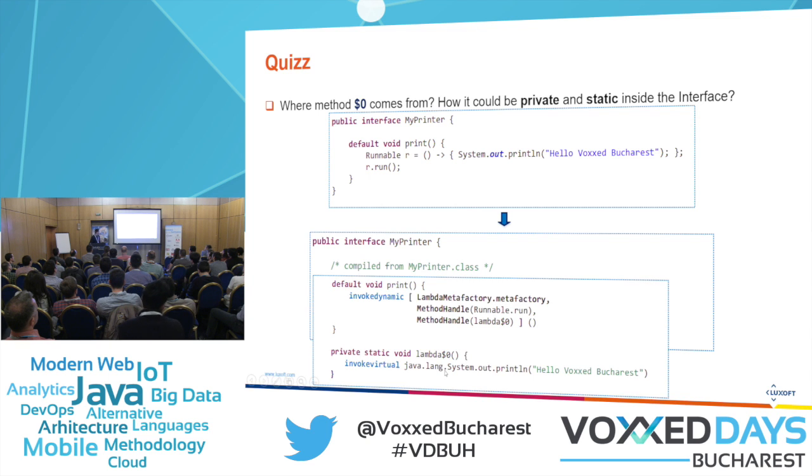And my lambda method does an invokevirtual to System.out println hello vox Bucharest. It's exactly what I have here. So all the lambda expressions are desugared into private methods. Whether it is static or not depends on the context. And my print method over here is desugared into an invokedynamic, which is resolved during the runtime by a lambda metafactory. This is how it works at the bytecode level.